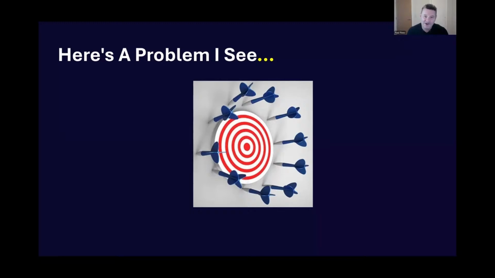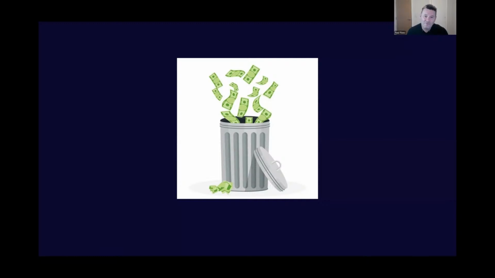They try a scattergun approach and end up engaging with the whole market, many of which are just not right for their offer. And the problem with that is it's just a waste of marketing effort and money. And because it doesn't work, they often get frustrated and give up. And the business's profits also take a hit.